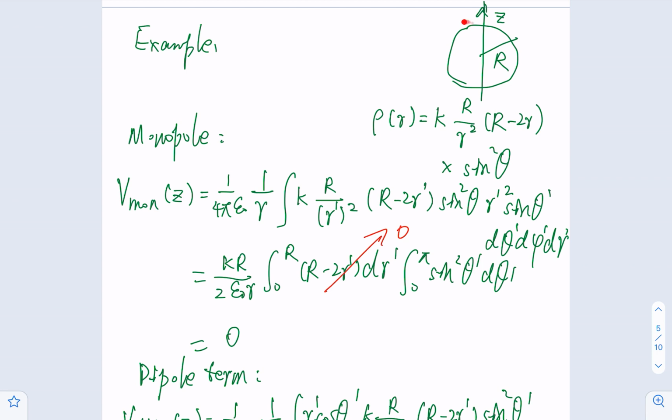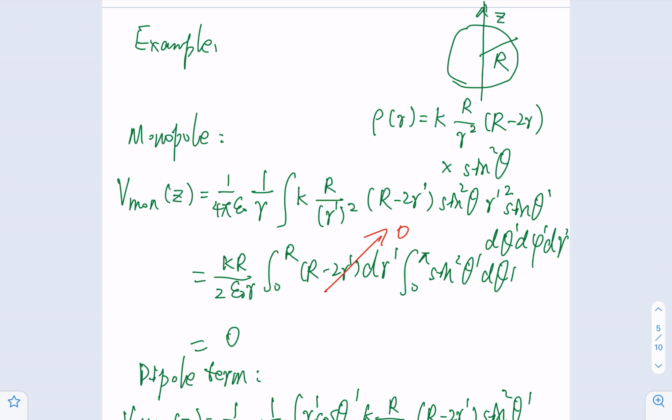Here this capital R is the radius of this sphere, and now if I expand, what I'm trying to look at is the field along the z direction. So I'm expanding the monopole term first.